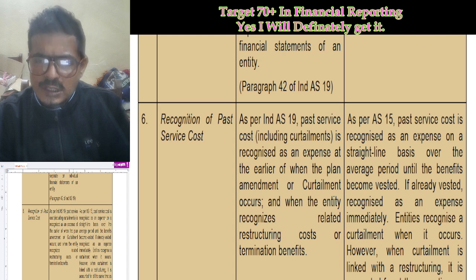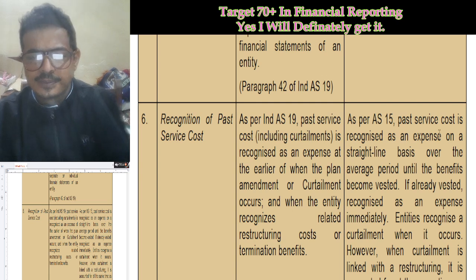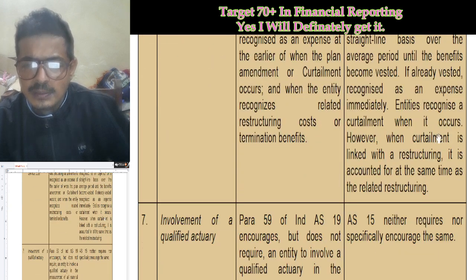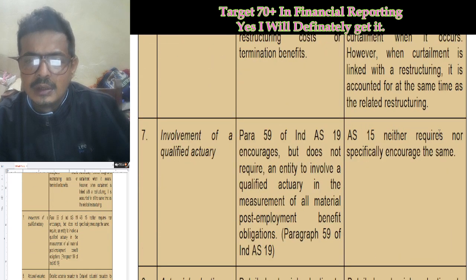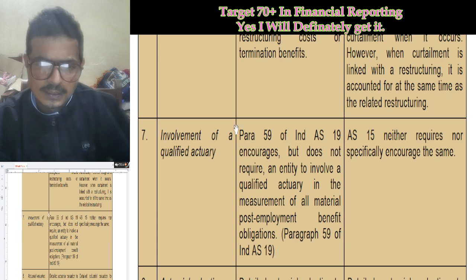If already vested, it is recognized as an expense immediately. An entity recognizes the curtailment when it occurs. However, when the curtailment is linked with restructuring, it is accounted for at the same time as the related restructuring.